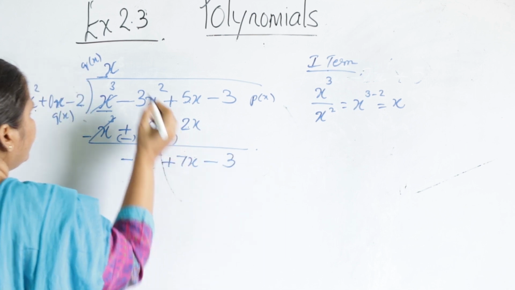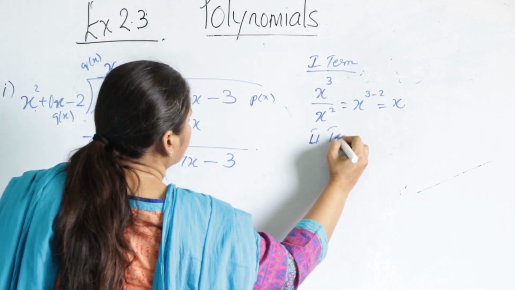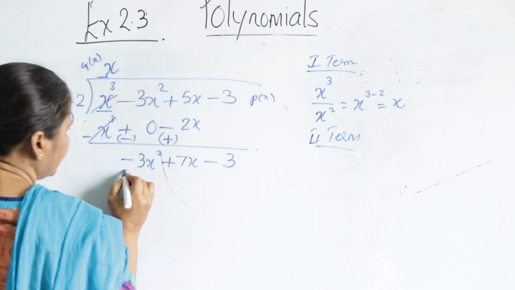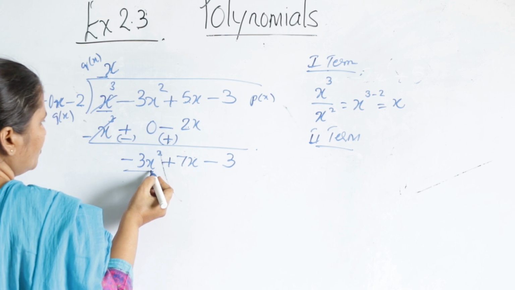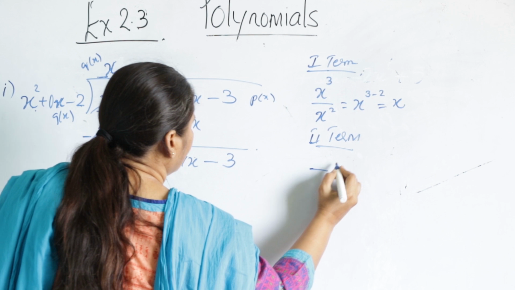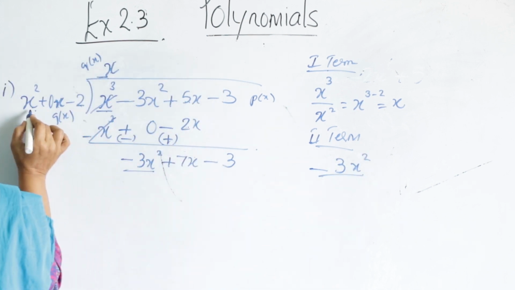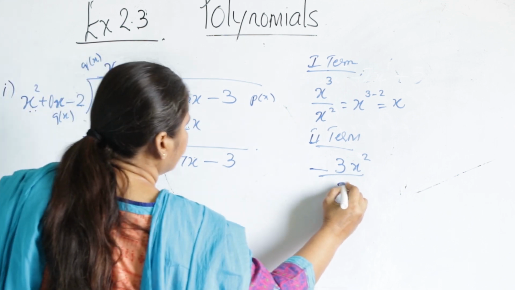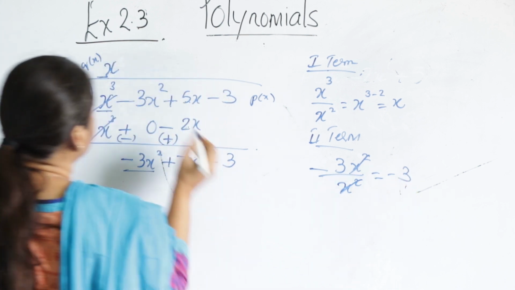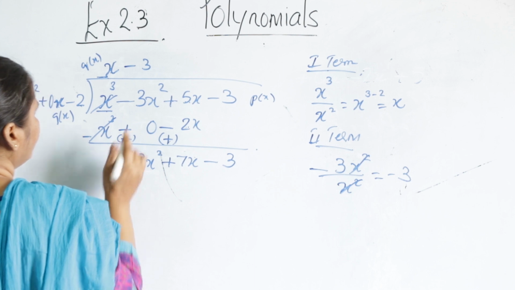Okay. Now we need the second term. The first term of this polynomial is our second term, along with the sign, minus 3x square. As I told you before, the denominator will not change. x square cancels. So you have minus 3. So what do we have now?